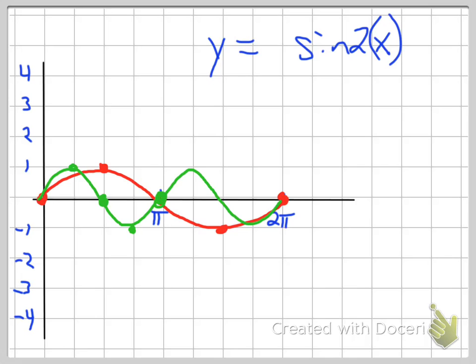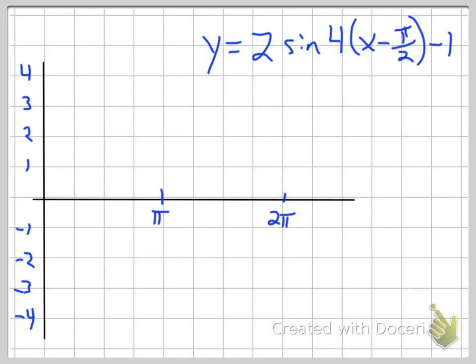Now putting all this together gives us something like this. Y equals 2 sine of 4 times x minus pi over 2, minus 1. We need to take a look at all these separate pieces individually to help us break this down. My midline now is at -1.